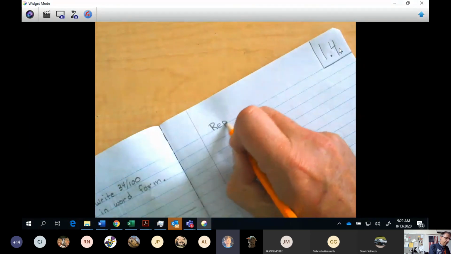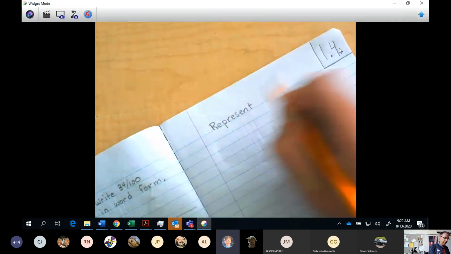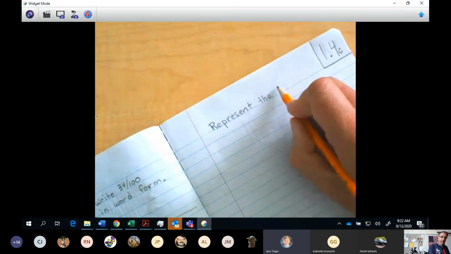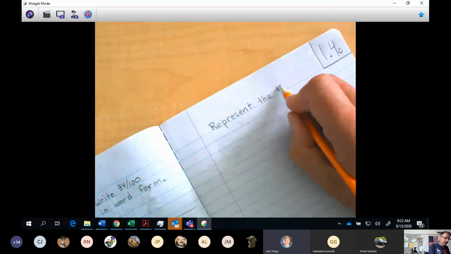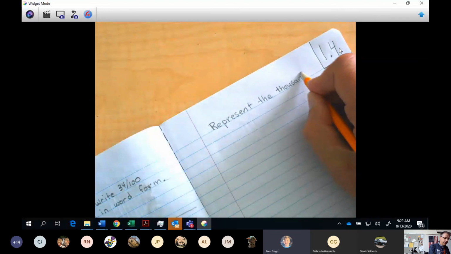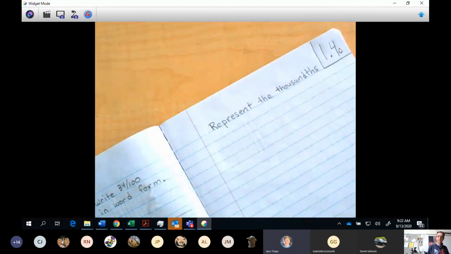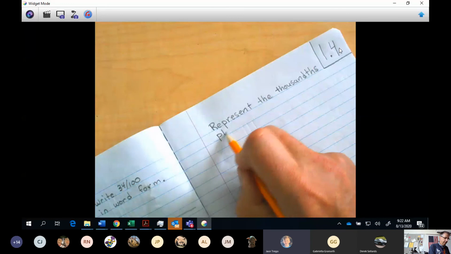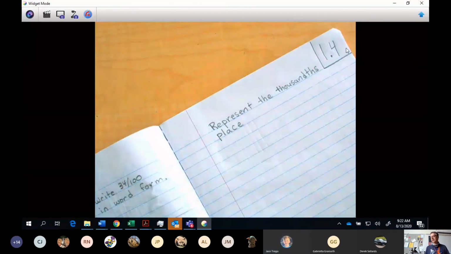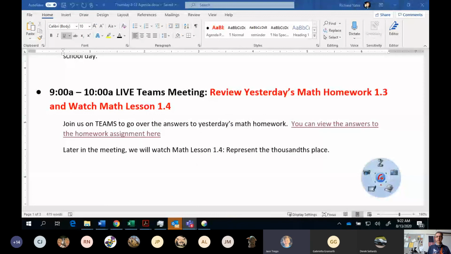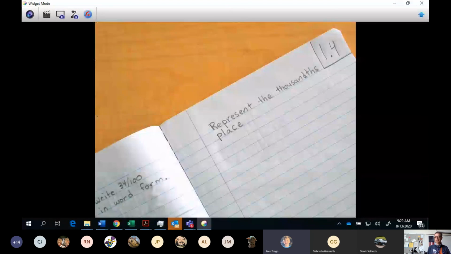We're going to represent the thousandths, and I'll just put place on the next line. Represent the thousandths place. I always exaggerate right here because I want you to make sure that you're using the thousandths place here.